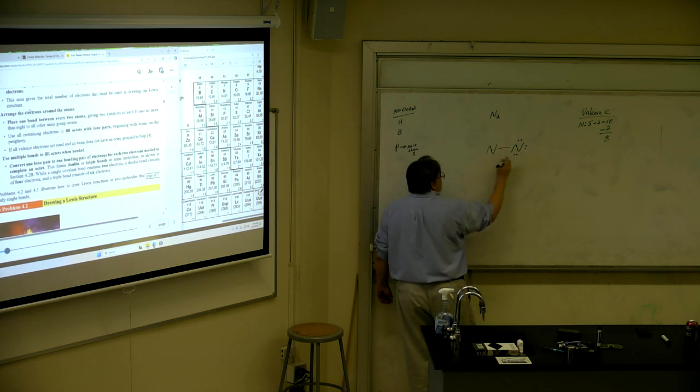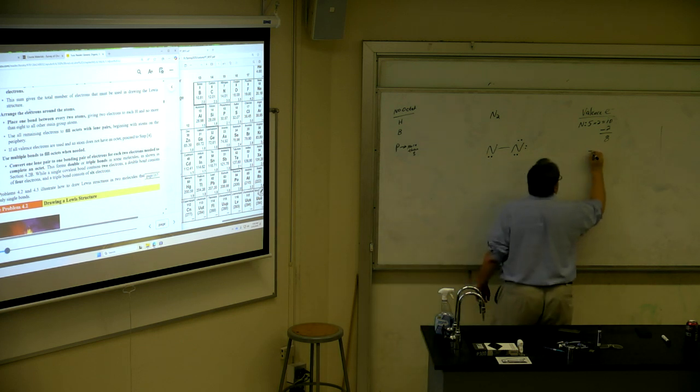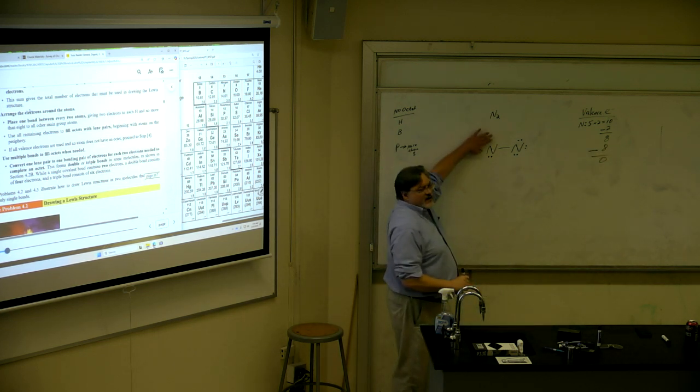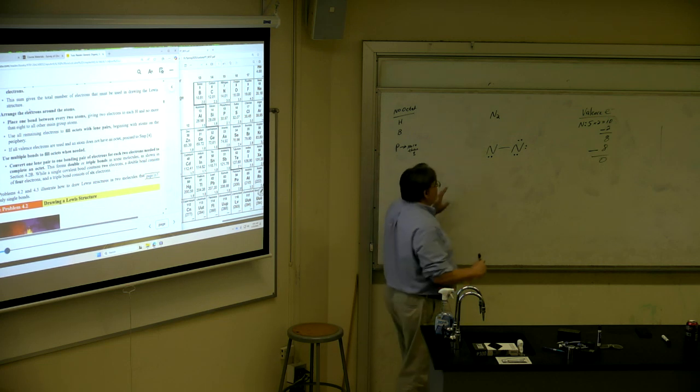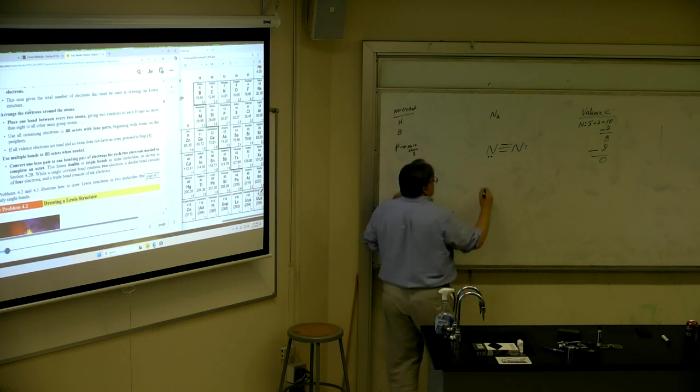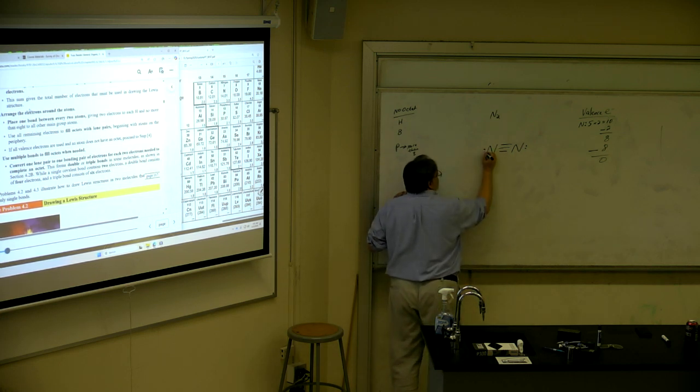So that's got its octet. 8, now I've used them all. And the problem is this one doesn't have an octet on it. So now we're going to borrow this pair, and this pair. Now I have an octet. And I can draw these over here, just to be symmetrical.